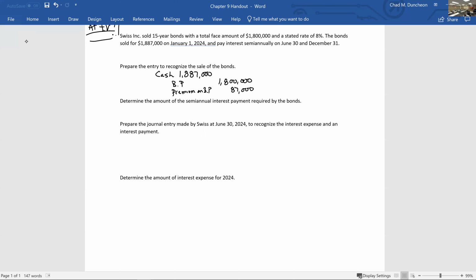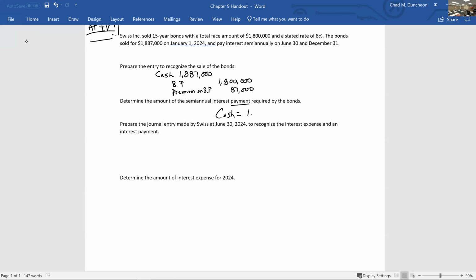Okay, next it says determine the amount of semi-annual interest payment required by the bonds. Okay, when we're talking about payment here, we're concerned with how much cash these bonds are going to have to pay out every 6 months.